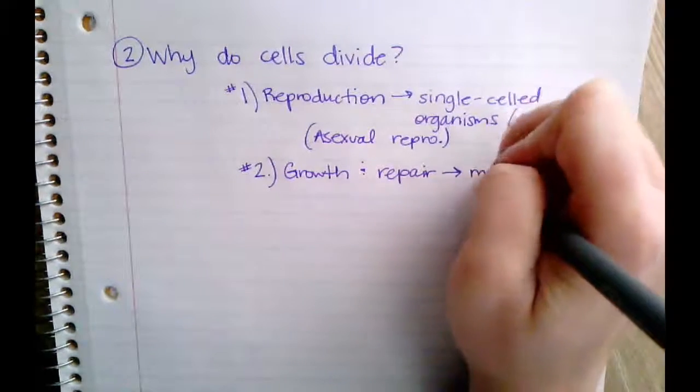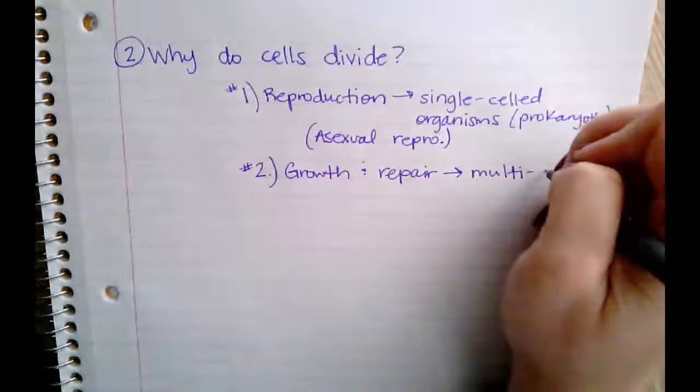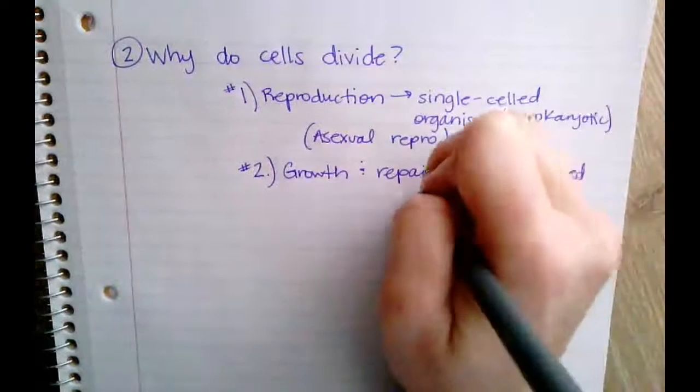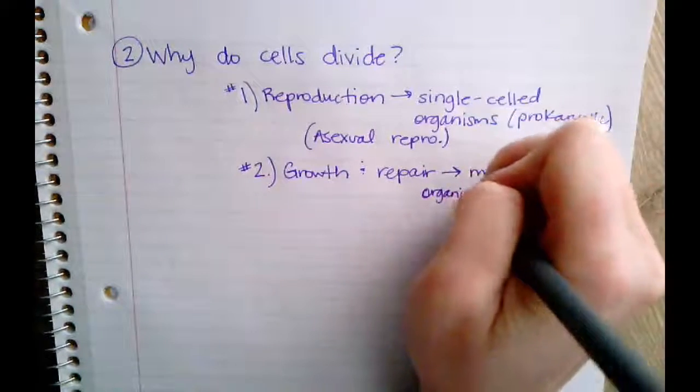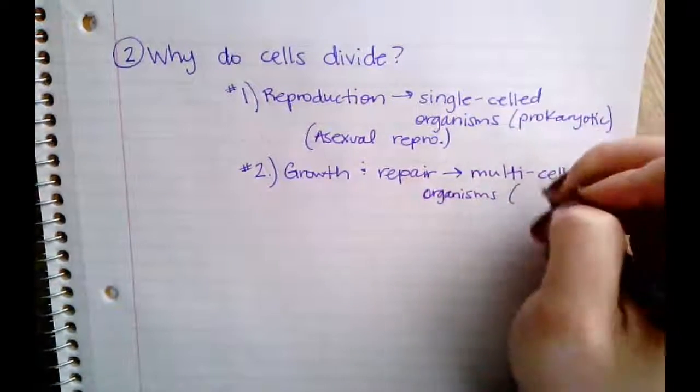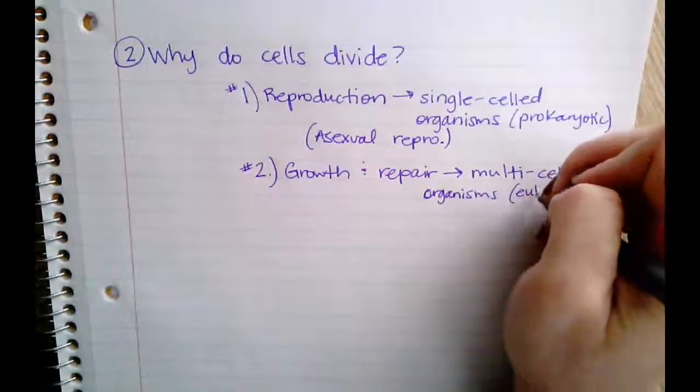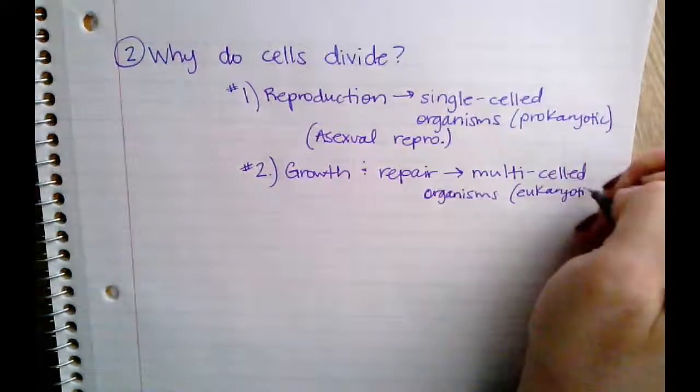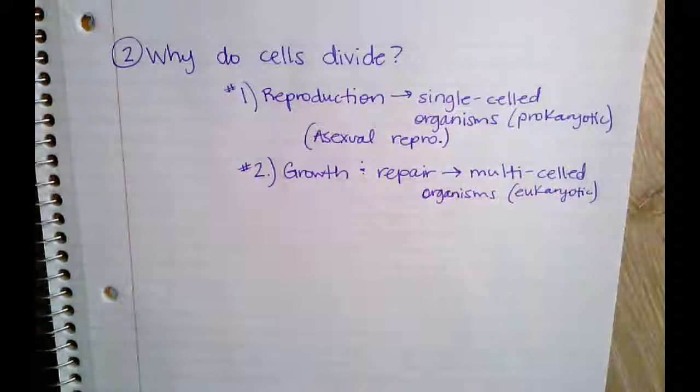So this is for multi-celled organisms. That would be like us, and we are considered eukaryotic. Those are fancy words that you'll learn more in bio when you're older, but I just wanted to expose you to those.